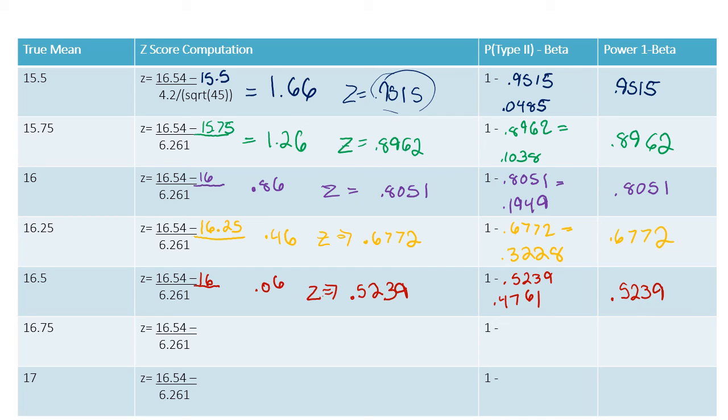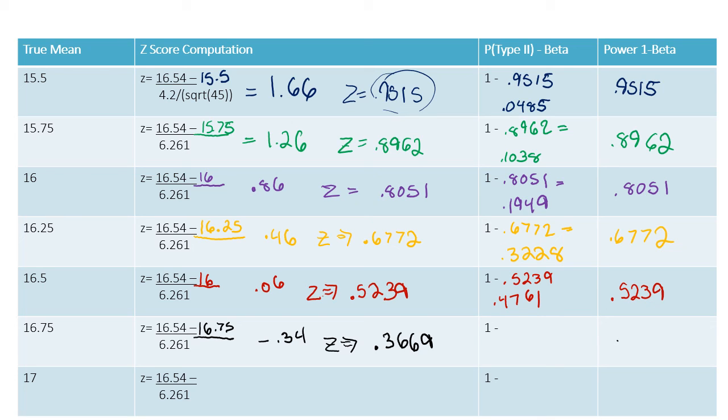Now what if our true population mean is 16.75? We take 16.54 minus 16.75 divided by sigma over the square root of n. That gets us a z-score of negative 0.34. Now the area under the curve for a z-score of negative 0.34 is 0.3669.